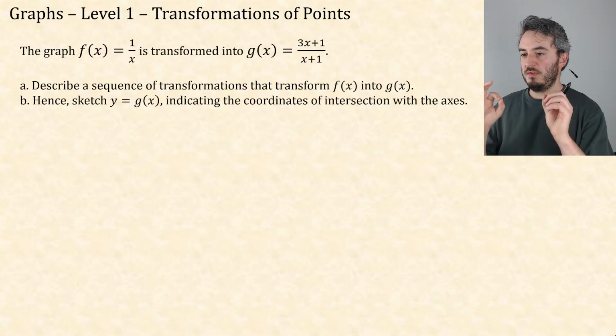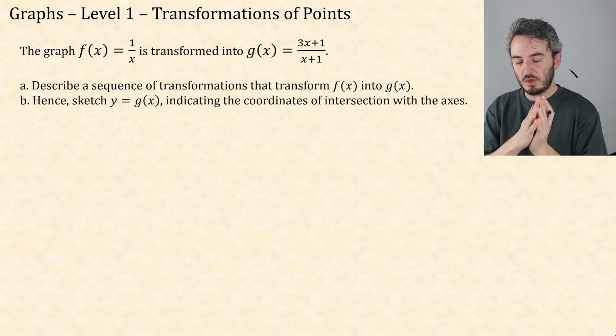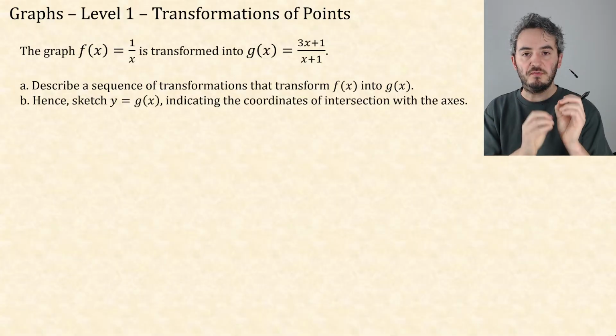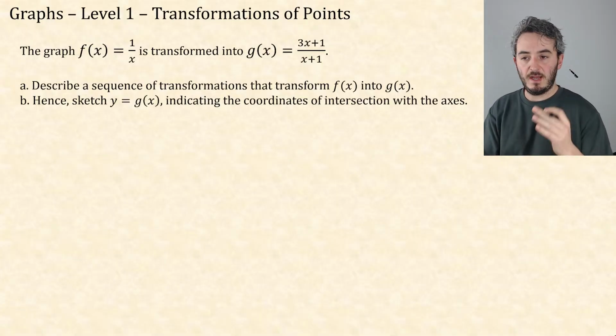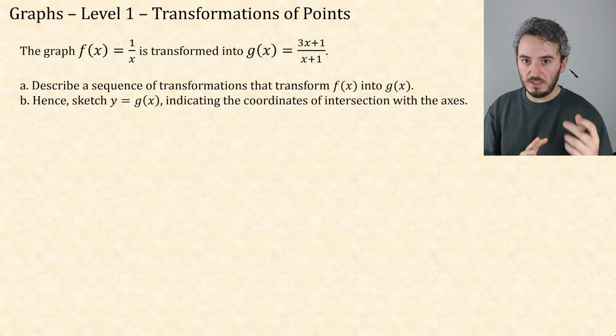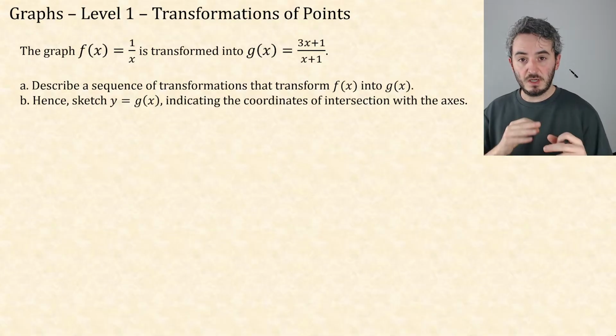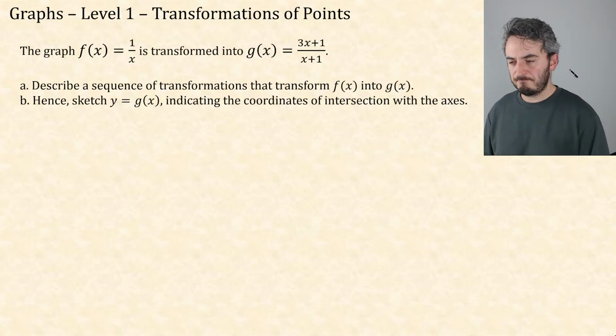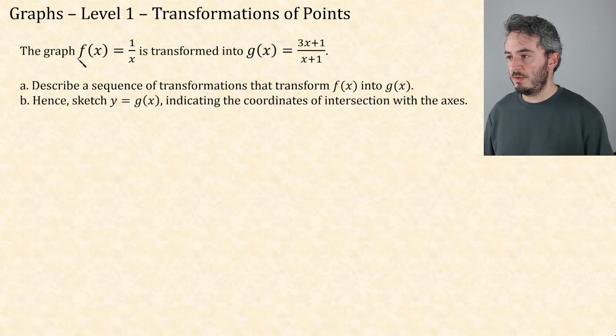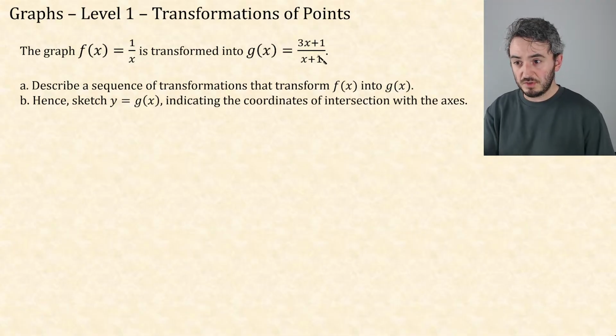Okay, I want to look at this technique here. It can look quite fiddly, but it's an incredibly useful technique and is a concept which doesn't really crop up in the textbooks very much, but does come up in final exams. That is transforming these simple reciprocal graphs onto something that looks like this, which doesn't really look like a reciprocal graph, but in fact is.